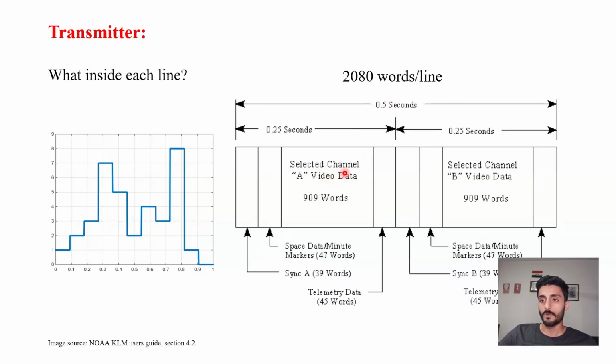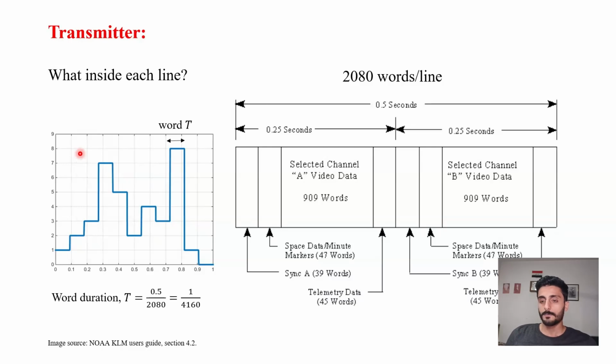As for how the pixel information is encoded, we have a black and white image whose pixels are divided between 0 and 255. As we can see here, we can assume that these are some words about, for example, channel A or channel B. Each word has a value between 0 and 255, which contains the information about the pixel, the value of the pixel.